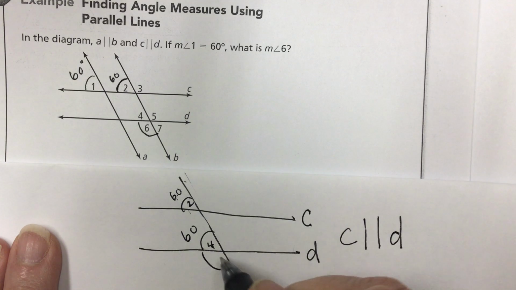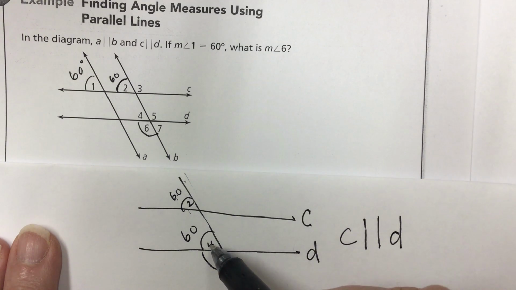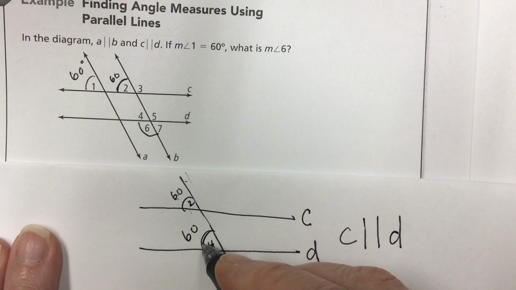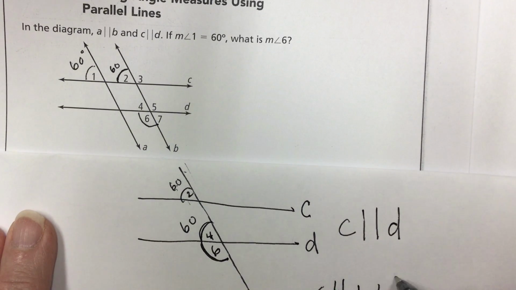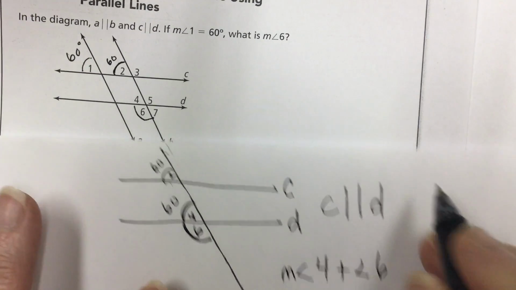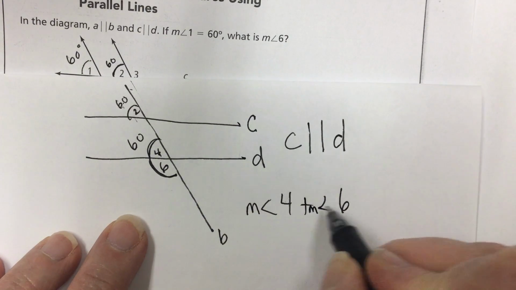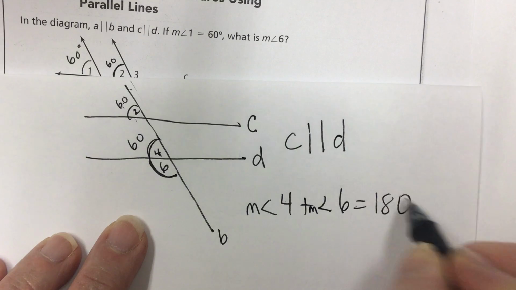So now what is 6? What is the relationship that 4 and 6 have? Together they form a straight line. The measure of angle 4 plus the measure of angle 6 equals 180.